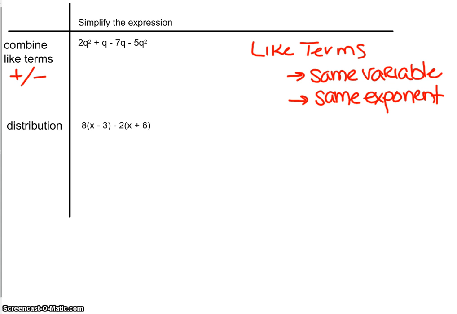So I always just tell people, hey, look at your first term. The variable piece is a q squared. Go in and look for other q squared terms. Now, all we're going to do when we do that is combine my coefficients. And when I combine those coefficients, I just want the number part.